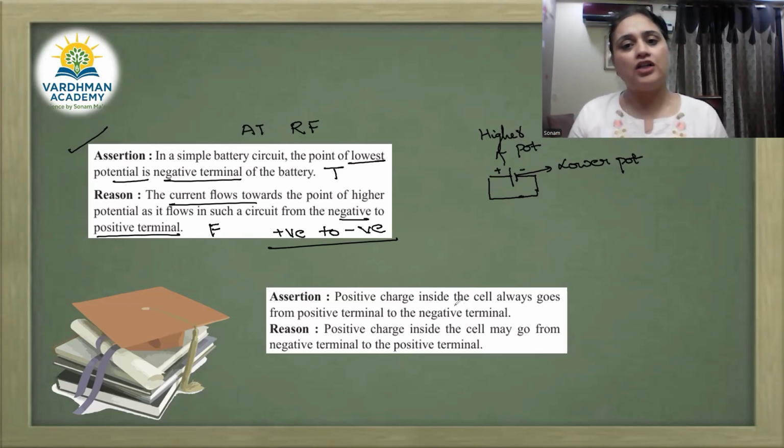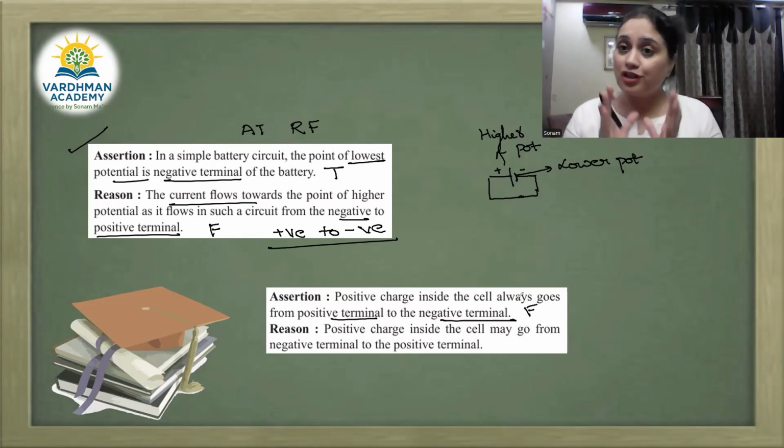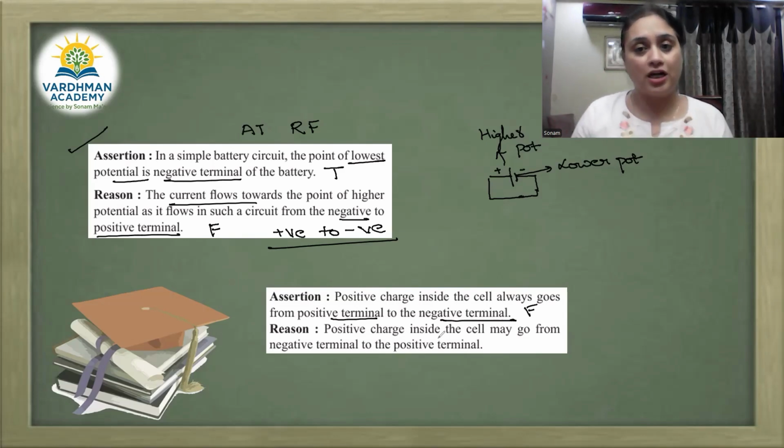Now let us see the next one. The positive charge inside the cell always goes from the positive terminal to the negative terminal. So this statement is false, children, because the positive charges are stationary, they do not move at all. And the positive charge inside the cell may move, so there is a possibility from the negative terminal to the positive terminal.